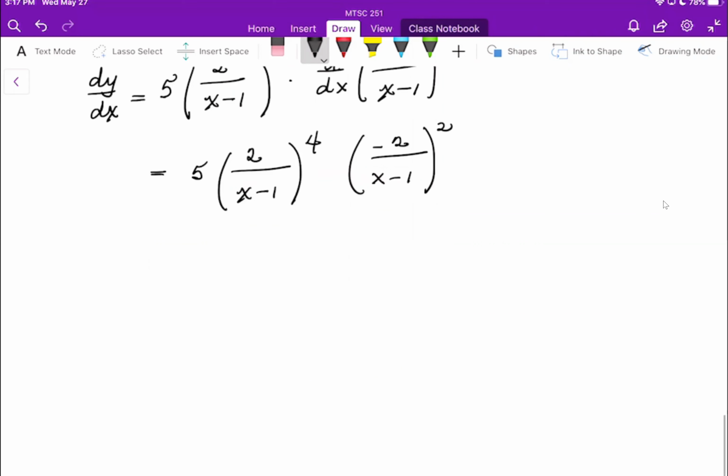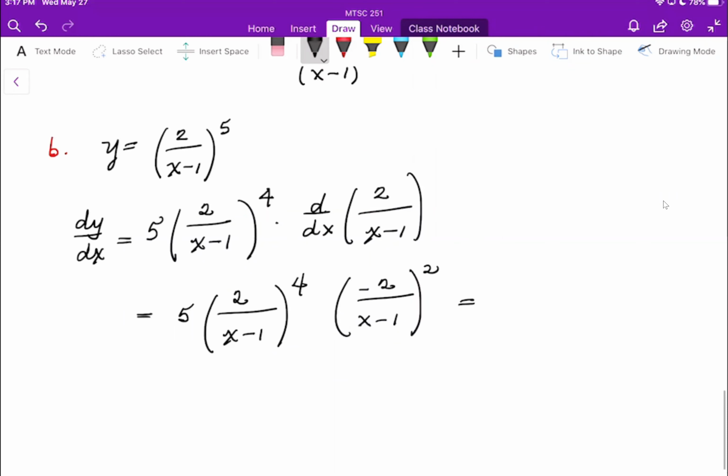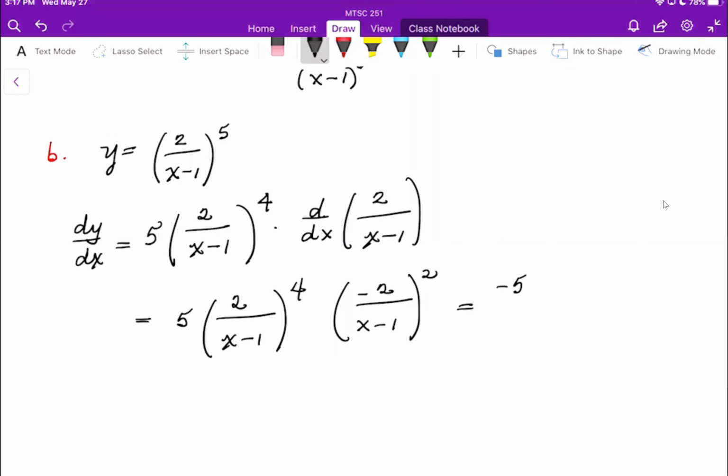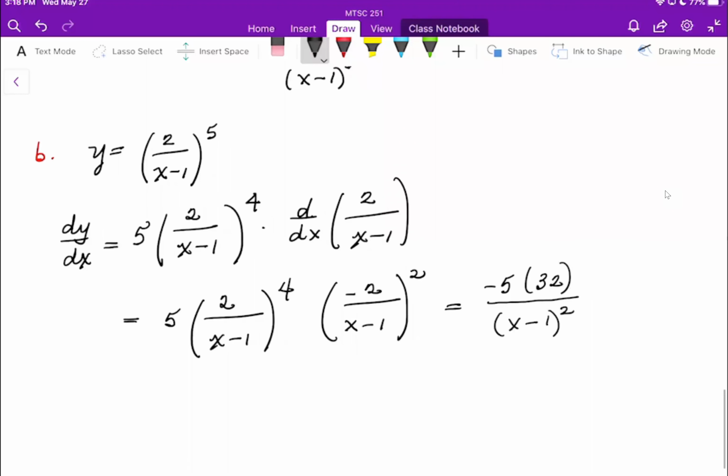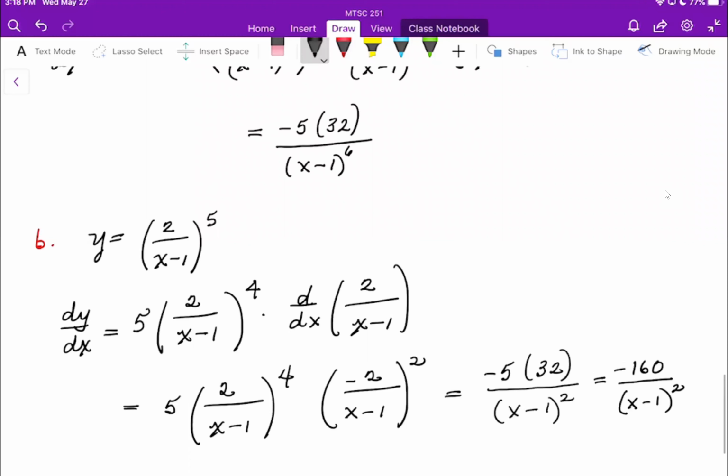And that still gives us negative 5 times 32 over (x - 1) quantity squared. And this is just minus 160 divided by (x - 1) quantity squared. Okay.